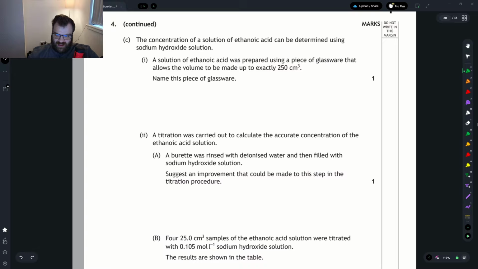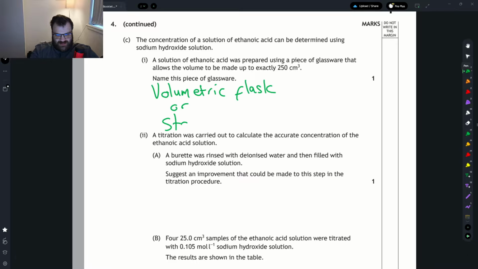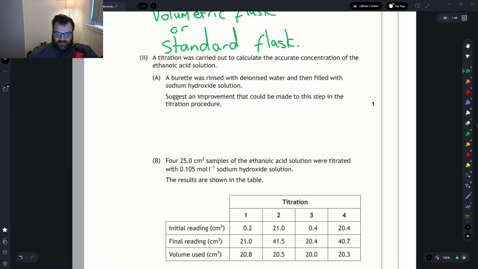Moving on. Suitable glassware to allow the volume to be made up. So we're making a standard solution in a volumetric flask, or it's sometimes called a standard flask. Burette was rinsed. So we're doing a titration. We're rinsing out the glassware.